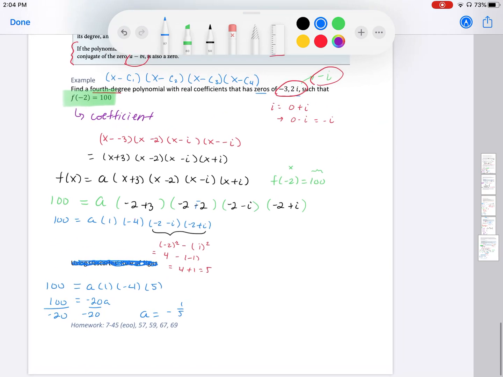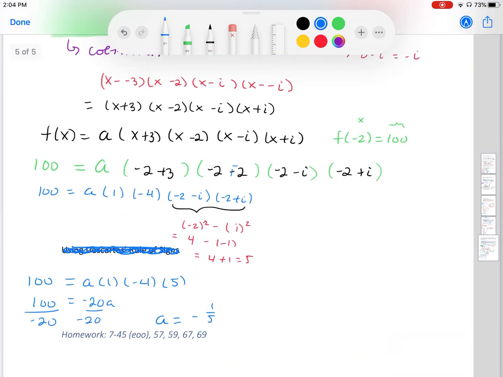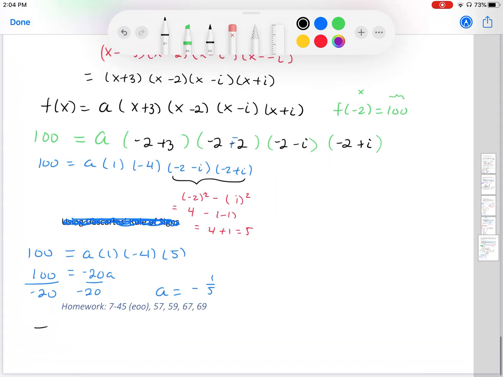So our final answer, our fourth degree polynomial, would be f of x is equal to negative 1/5 times x plus 3, x minus 2, x minus i, and x plus i. That is our answer. If you like to, you can go ahead and multiply all of these values out.